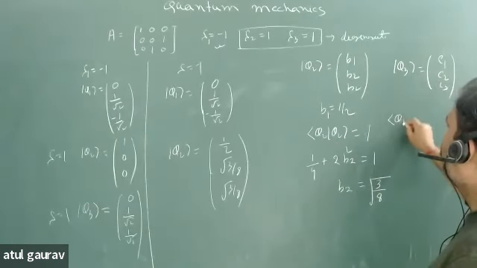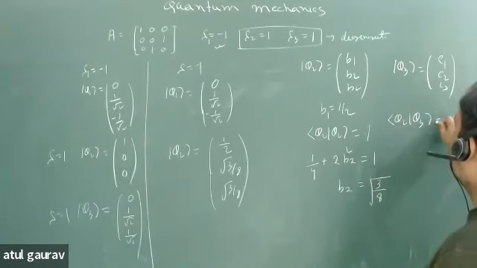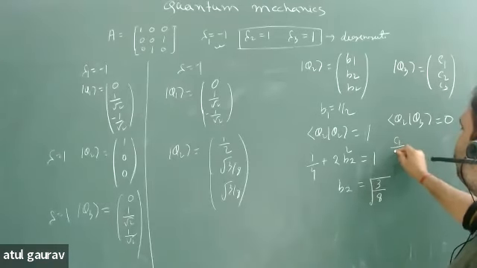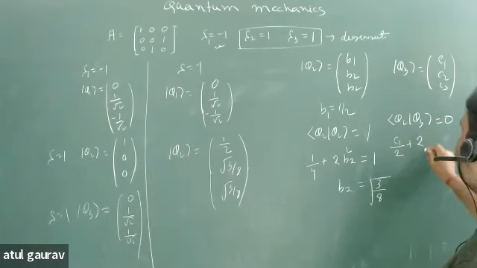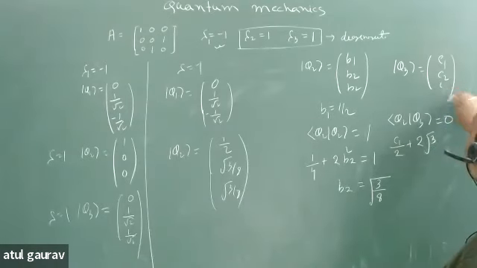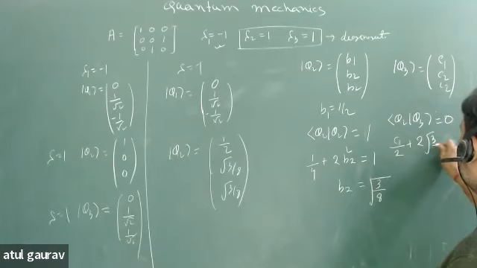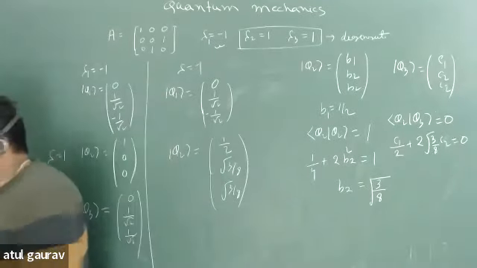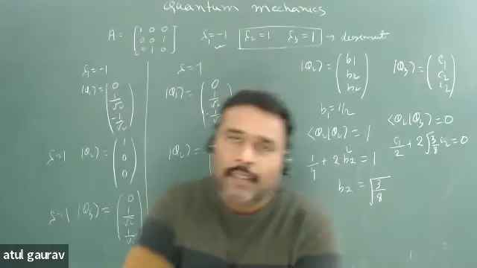So phi 2, phi 3 must be equal to 0. And what you will get? C1 by 2 plus 2 times root 3 by 8, C2 must be equal to 0. And from here, you will get the relationship between C1 and C2, isn't it?